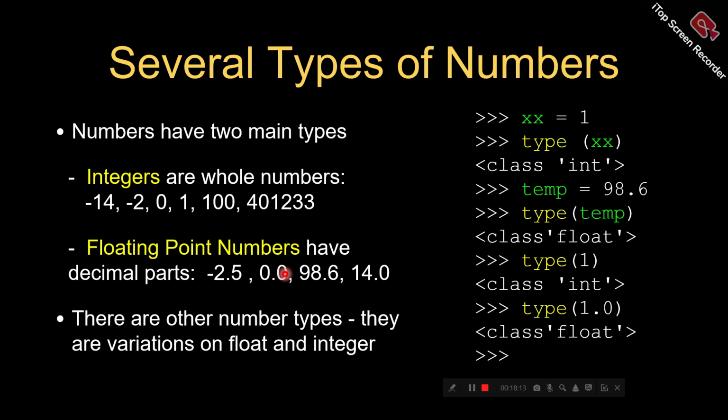Logically, but for the machine, it will consider it a floating value. Even 14.0 is typically 14, right? But since we have written 14.0, the machine will consider this value a float value.